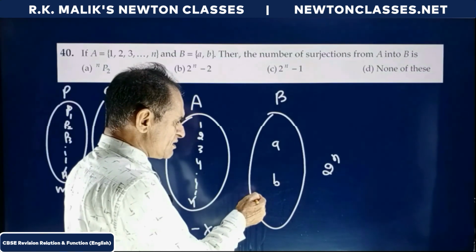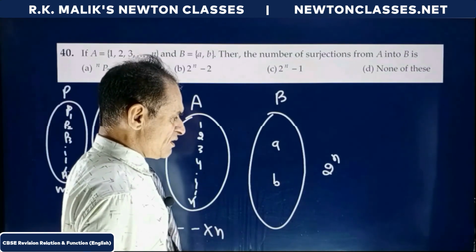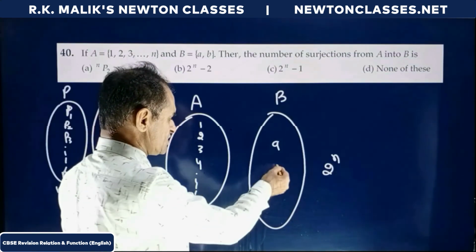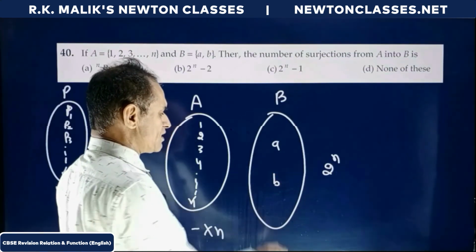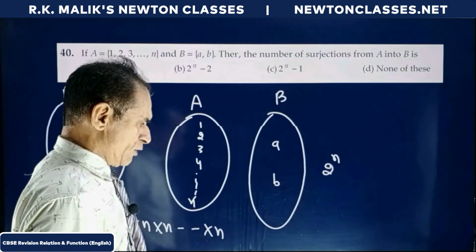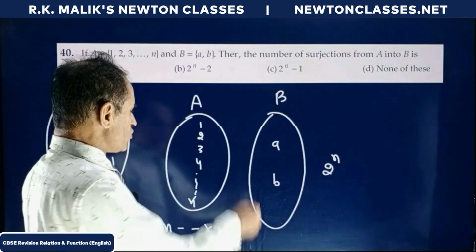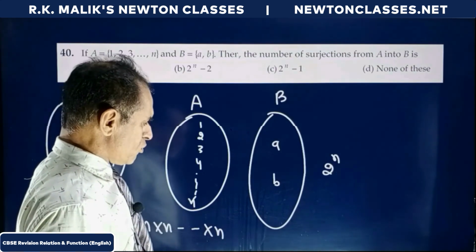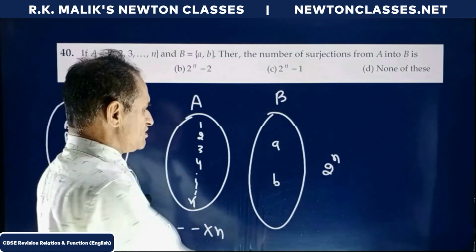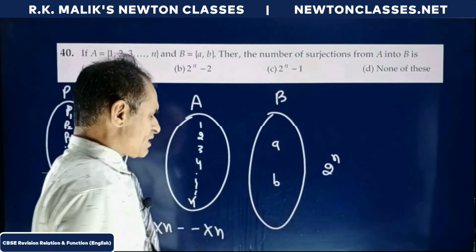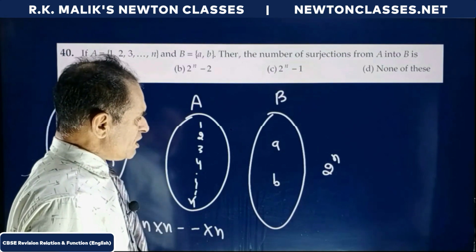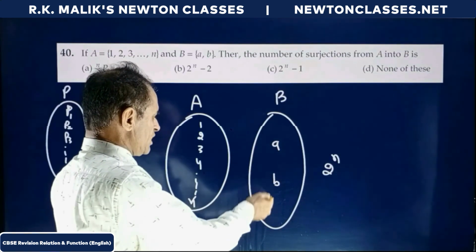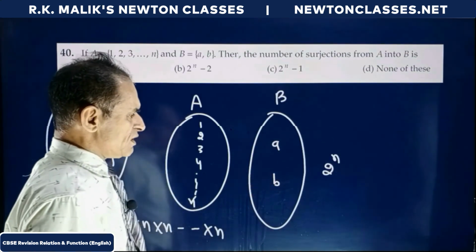The first case, when all the arrows are going to a, is a function, but it is not an onto function because this element is not being covered by any arrow. And if all the arrows are going to b, that is also not onto because this element is not being covered. In all other functions, some arrows will go to a, some arrows will go to b.